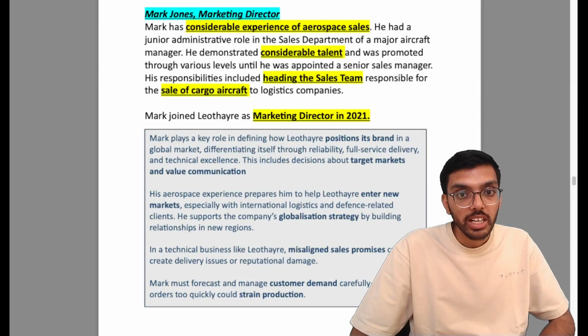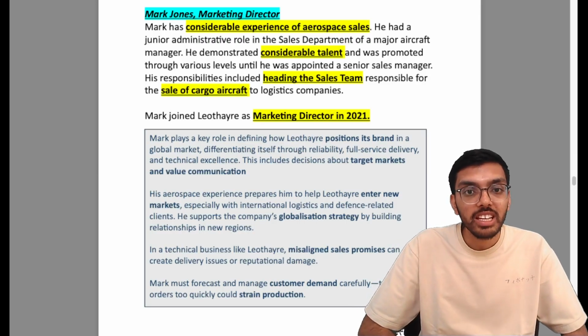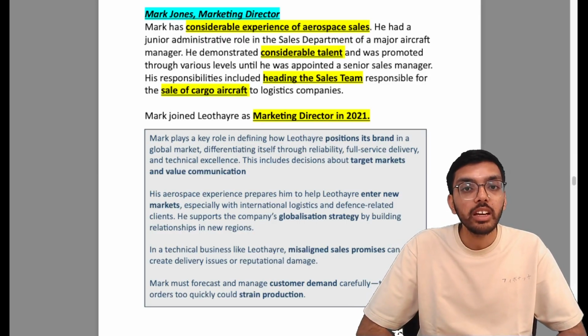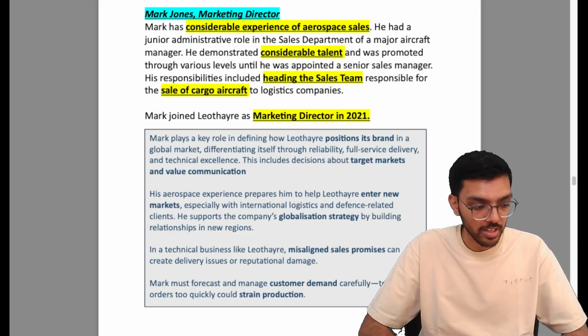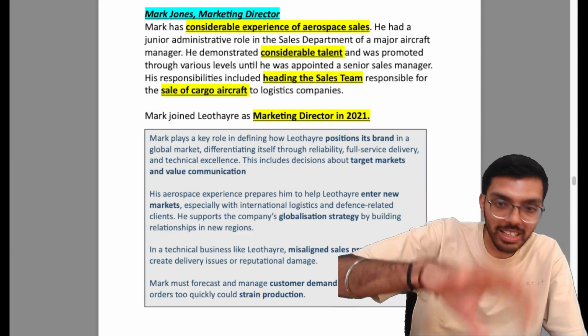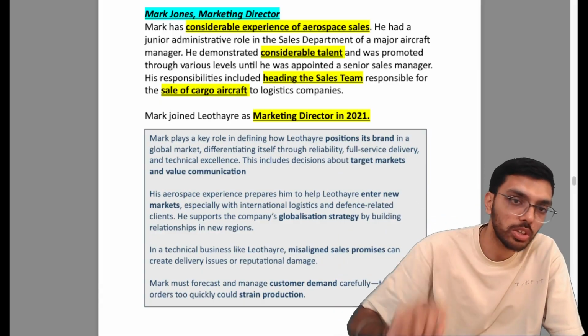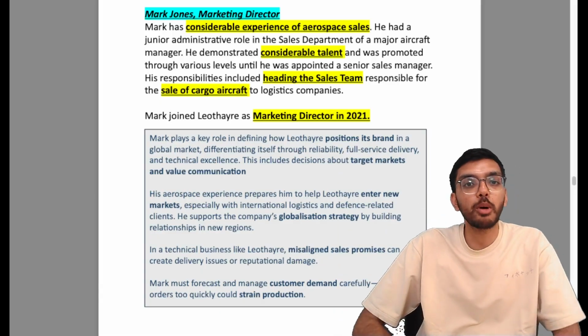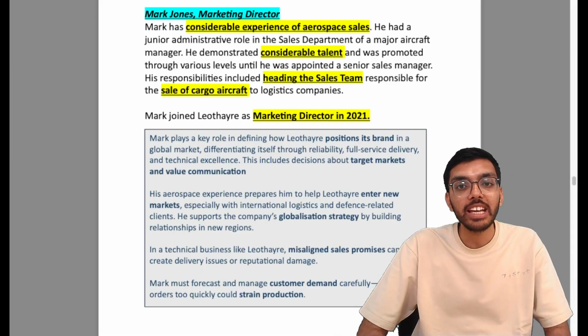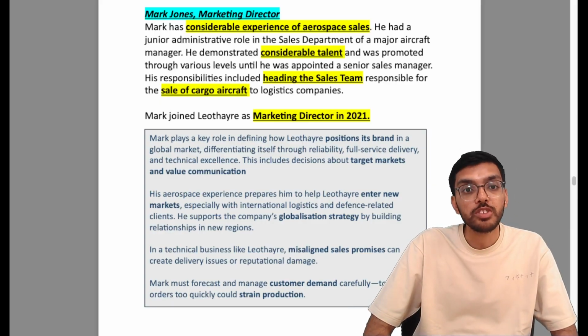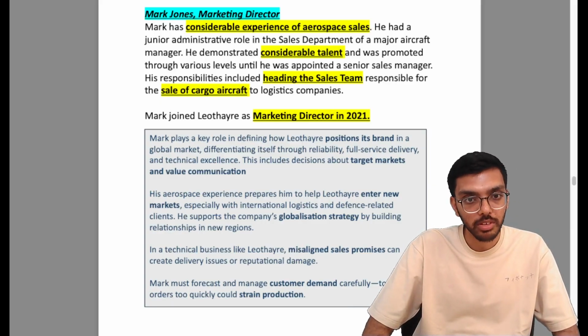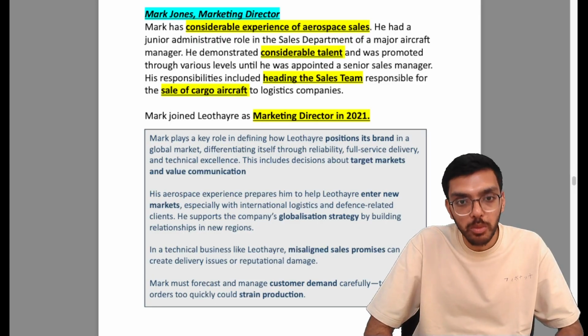He demonstrated considerable talent and was promoted through various levels until he was appointed a senior sales manager. So in the sales aspect as well, he has pushed forward. His responsibilities included heading the sales team responsible for the sale of cargo aircraft, and he joined in 2021.